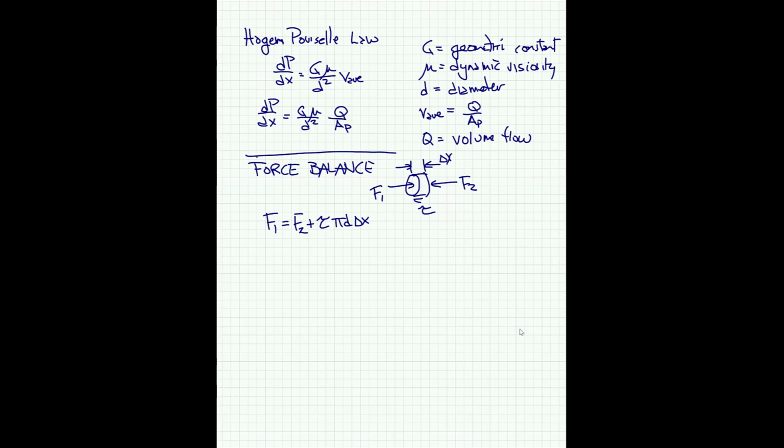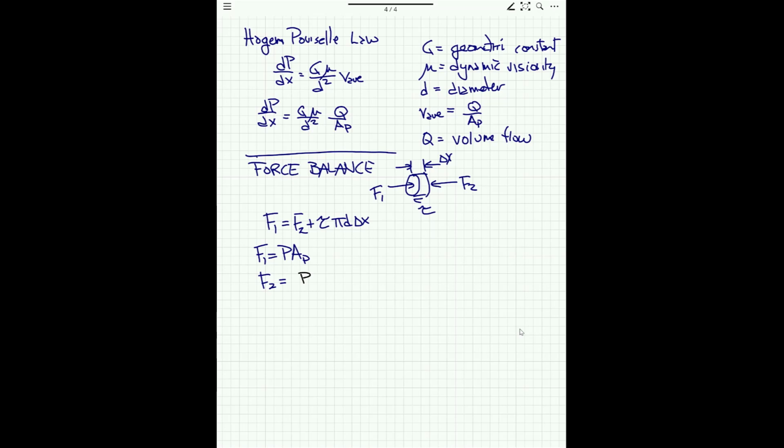Now, the F1 is from the fluid pressure. So F1 is equal to P times the area of the pore. And that will equal F2. But, well, let's write it like this.